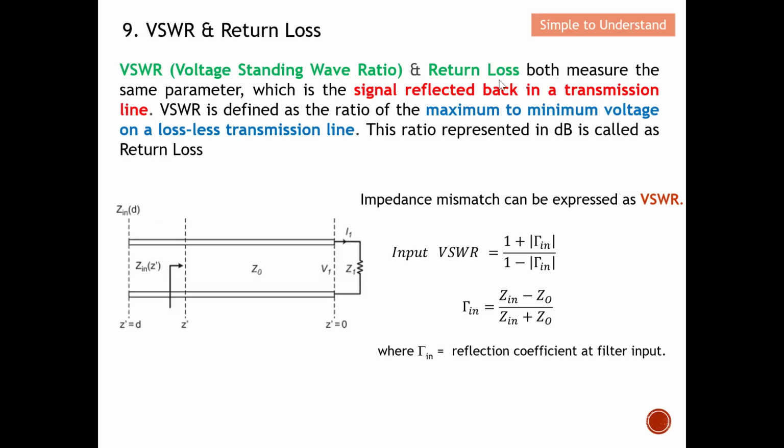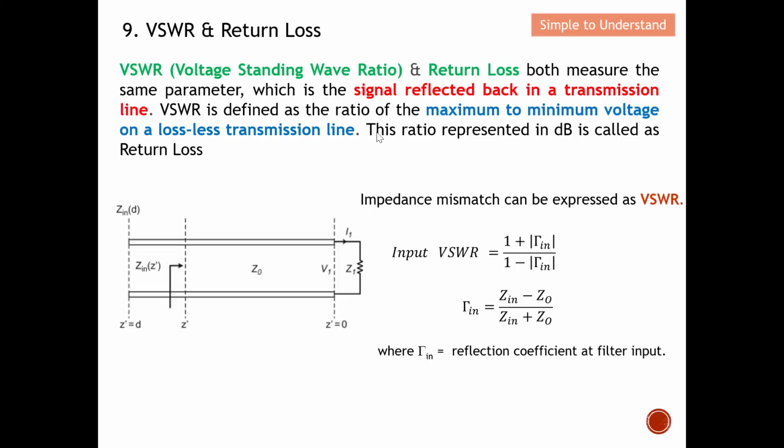Basically, how much can be reflected back is the signal, as mentioned here. In short, VSWR is defined as the ratio of the maximum to the minimum voltage on a lossless transmission line. If you're keen to know more about VSWR, I have done an intensive discussion on VSWR on the transmission line.